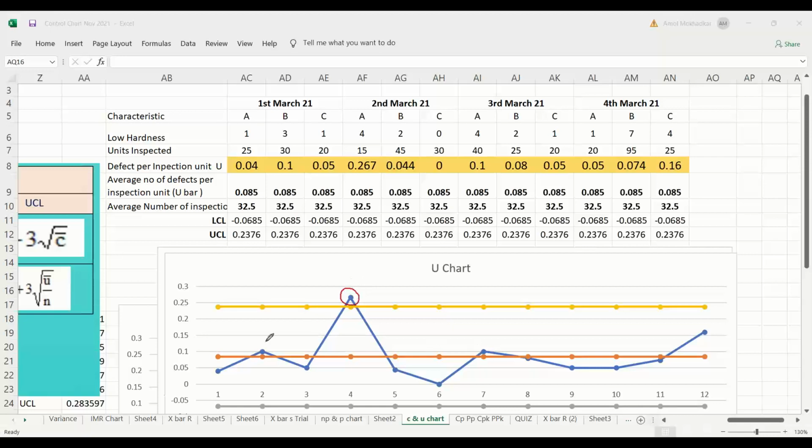Directly seen, right? Apart from that, you may need to make all three zones, but without making any zone, this is directly out of control limit. Any point out of control limit is a special cause. Are you going to use this LCL and UCL for monitoring of your process, monitoring of your defect rate? Will you use this?